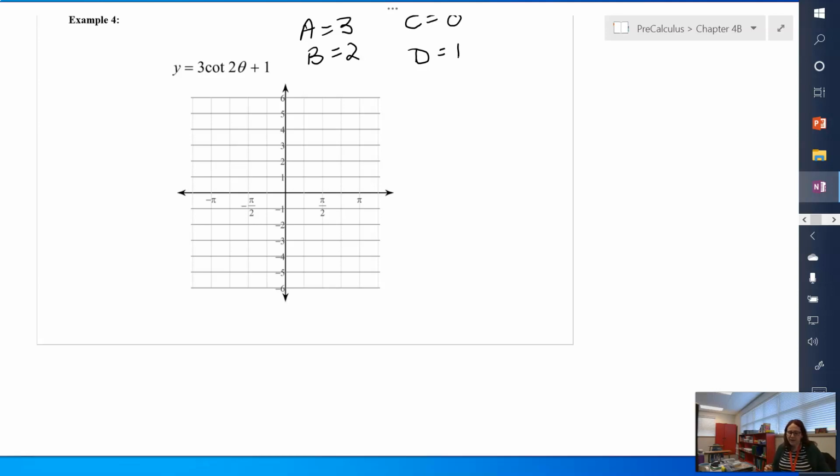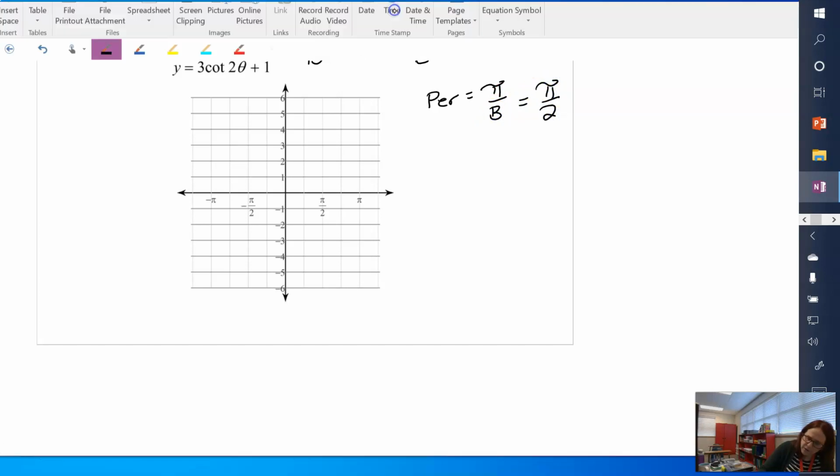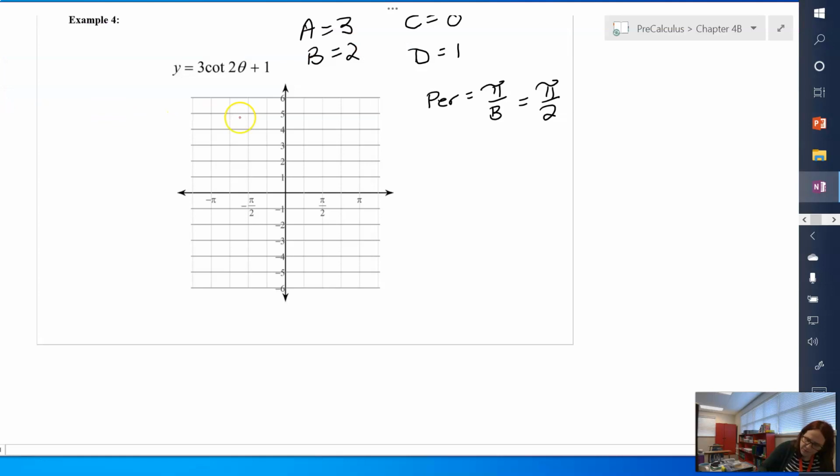So let's put in our asymptotes. I'm going to do that by figuring out my period. So period equals pi over b, which equals pi over 2. So now my asymptotes are going to be every pi over 2 starting on the axis. Come back here.